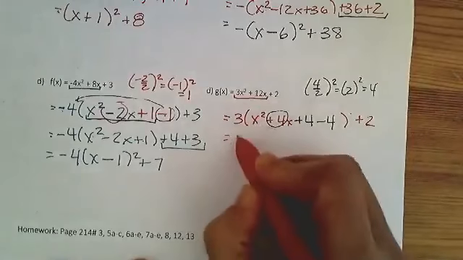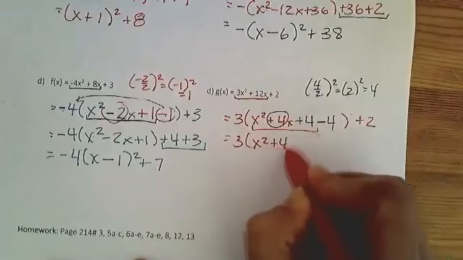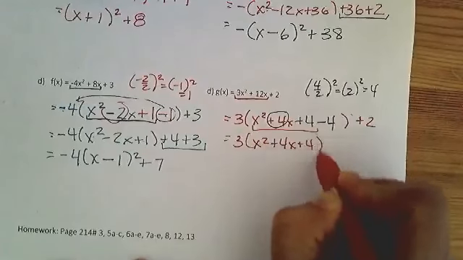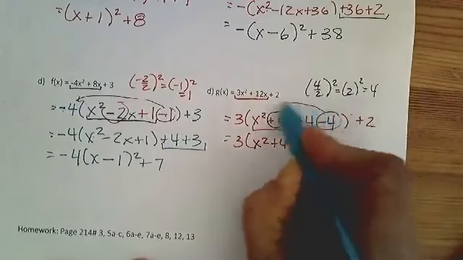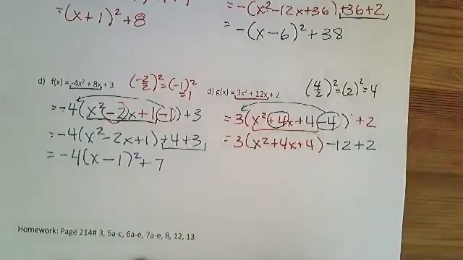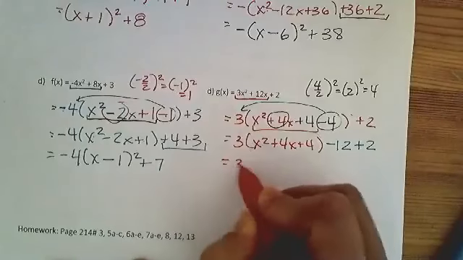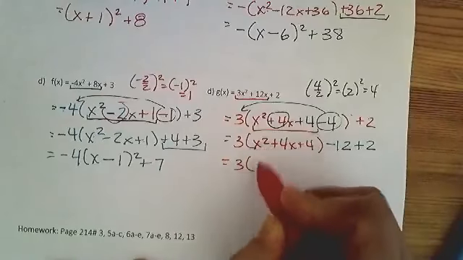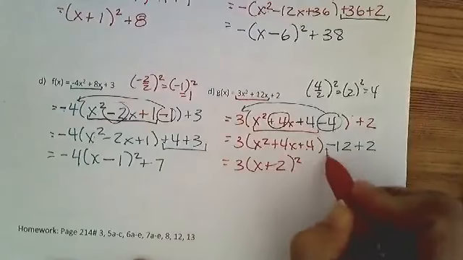Now we just need the perfect square trinomial in the bracket, so we'll rewrite that. And we'll take the negative term outside the bracket, so -12 add 2. Writing it as a perfect square, as a factor, so square root, sign, square root, squared, and we'll combine these.